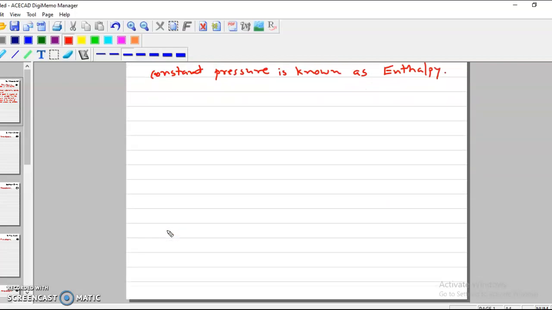So we write H is equal to E plus PV. In this equation, E, P and V are state functions. Therefore, H is also a state function.